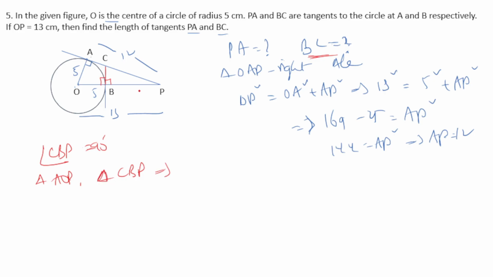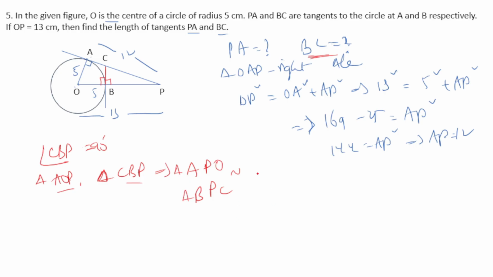In triangle AOP, which angle is 90 degrees? It is A. And in triangle CBP, which angle is 90 degrees? It is B. And P is common. We will take P here. And the remaining angle here is O and here it is C. So triangle APO is similar to triangle BPC.